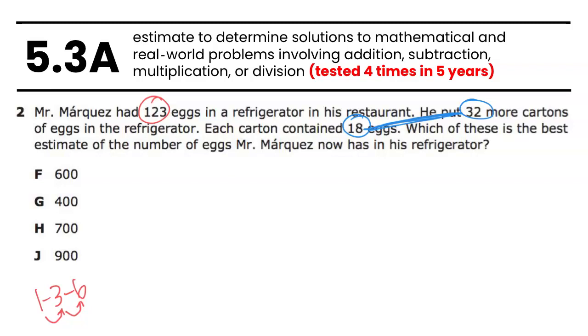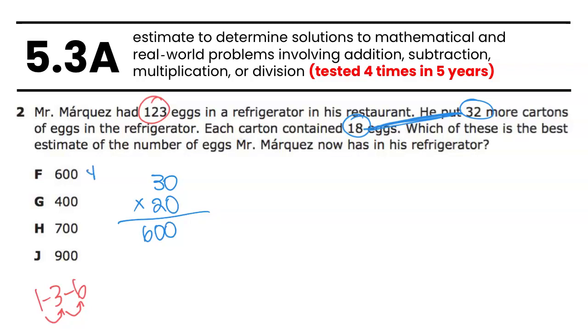But remember, we're only looking for the best estimate. So instead of multiplying 18 by 32, we could instead round 32 to 30 and 18 to 20 and multiply those numbers instead. Now, multiplying these with the trick of zeros, we would see that 3 times 2 is 6, and then add 2 zeros on the end.